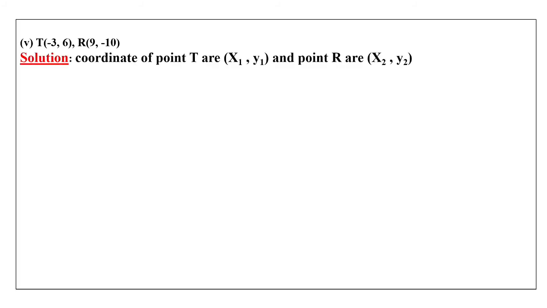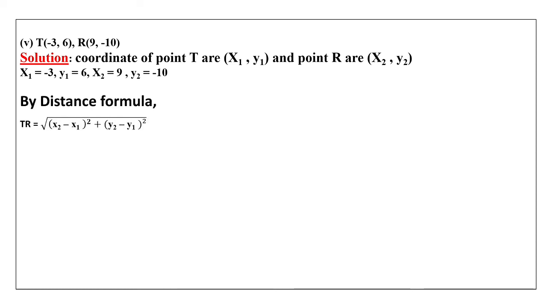The fifth one: T is (minus 3, 6) and point R is (9, minus 10). So x1 is minus 3, y1 is 6, x2 is 9, y2 is minus 10. By using the distance formula, substitute the values of x and y.